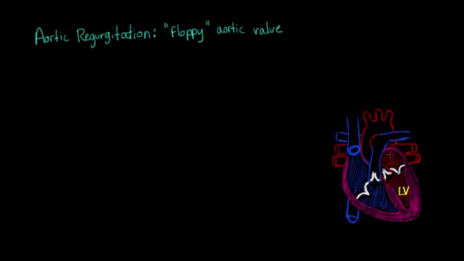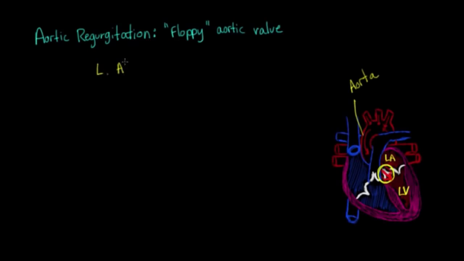So here we'll label the LV, the left ventricle, the LA, the left atrium, the aorta, and you'll see that normally the blood goes out of the aorta into the rest of the body, like we showed before. But in the case of aortic regurgitation, when the heart is supposed to be relaxing and filling with blood from the atrium, the blood can actually come back through the aortic valve and into the left ventricle, when really that valve should be shut and not letting any blood back.